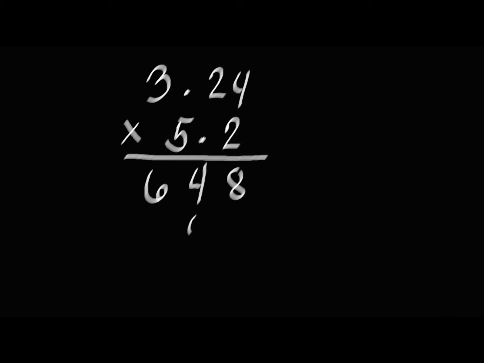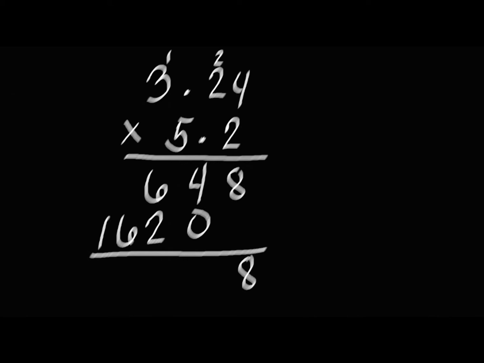We will write 0 here. Regroup 2 to the next place value. 5 times 2 equals 10, plus 2 equals 12. We will write 2 here and regroup 1 to the next place value. 5 times 3 equals 15, plus 1 equals 16. Add up our partial products. Bring down 8. We have 4. 6 plus 2 is 8. Bring down 6 and 1.